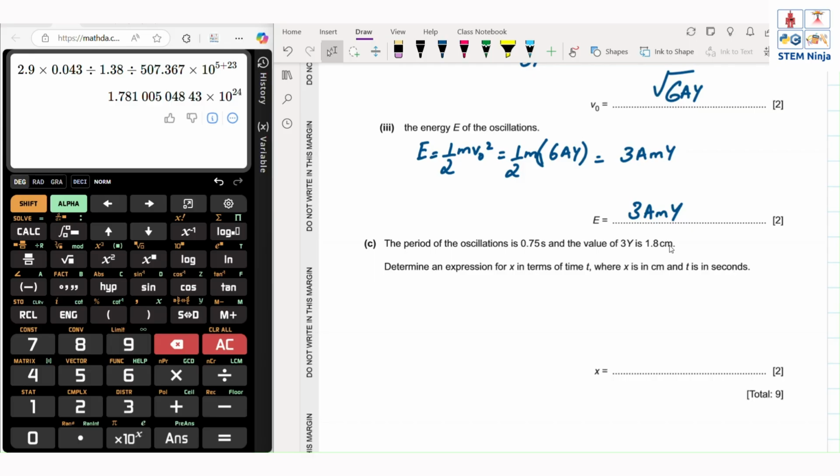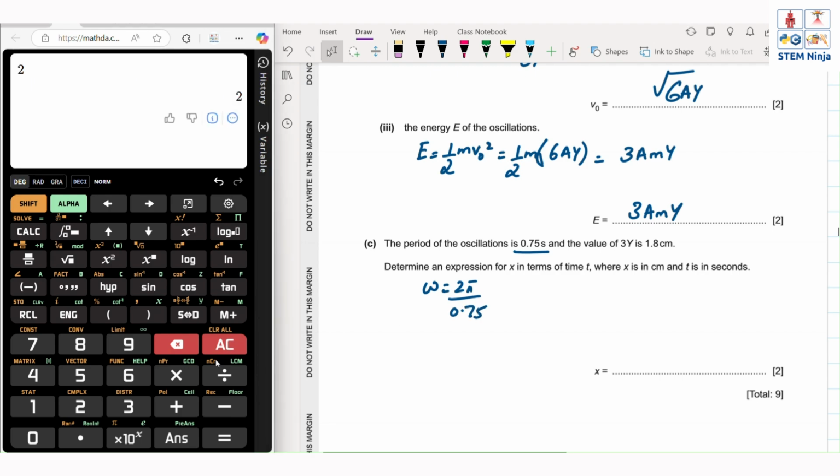Determine an expression for x in terms of time t, where x is in centimeters and t is in seconds. If the period of the oscillations is this, that means omega is 2 pi over 0.75.